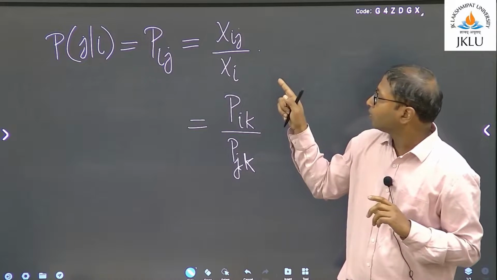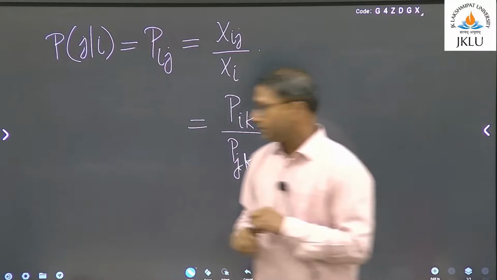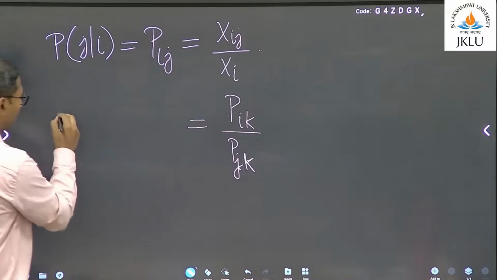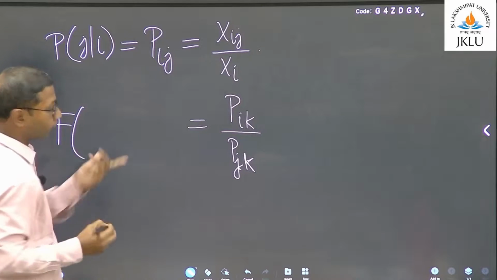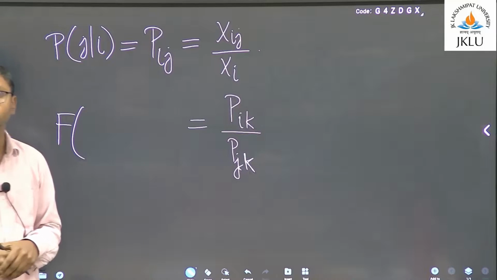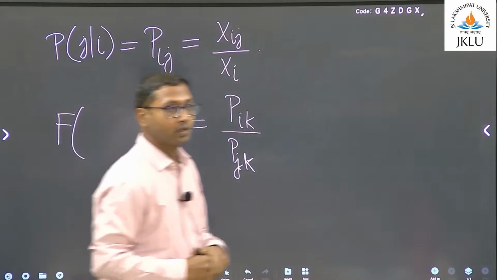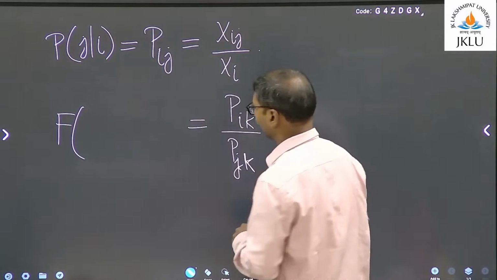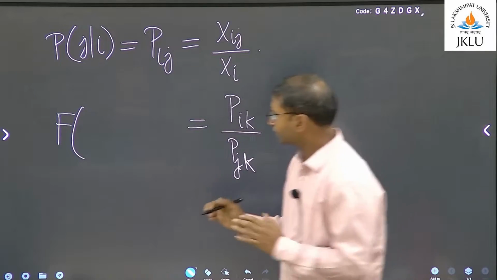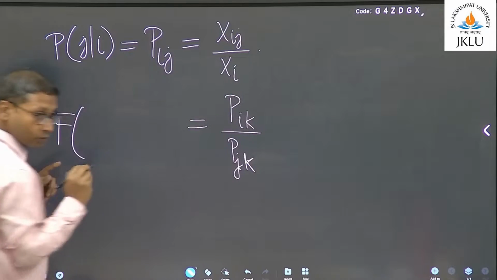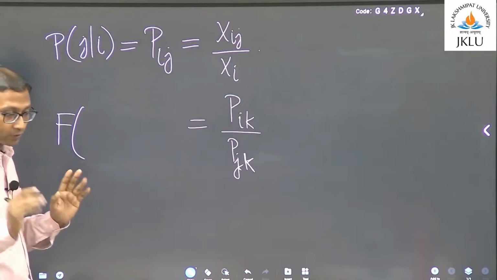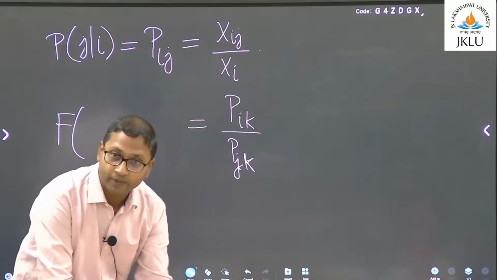Now what do we eventually want to capture? We want a function of what? I am going to use the same terminology that we used in word2vec, which is different from the paper, by the way.